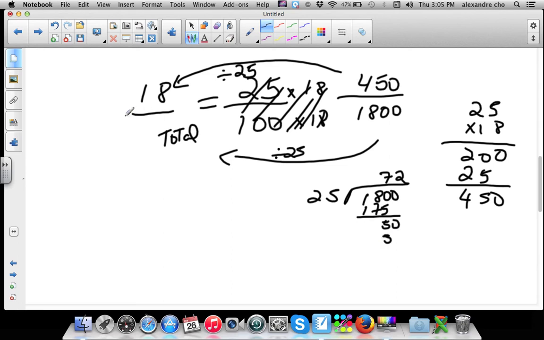So our answer here is 72. So 25% of the kids is 18, and 100% of the kids is 72. So there are 72 kids in the class, and 18 of them chose to go to Burger King, which meant 25%. Okay, so a little walk down memory lane, because percent was a while ago.